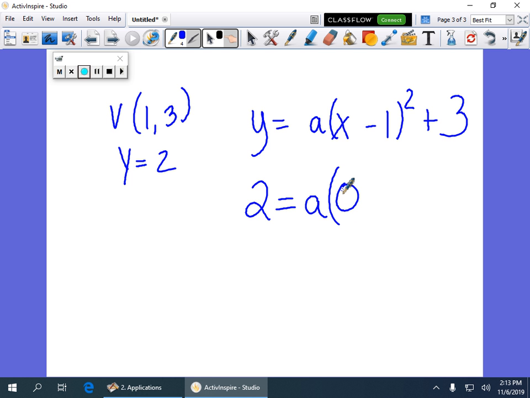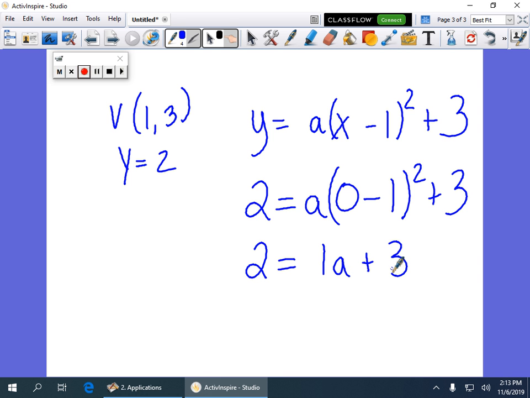Because we're not looking for the x. That's not true. The y-intercept is when x is 0. Cool? Okay, negative 1 squared is 1. So 1a plus 3, minus 3.